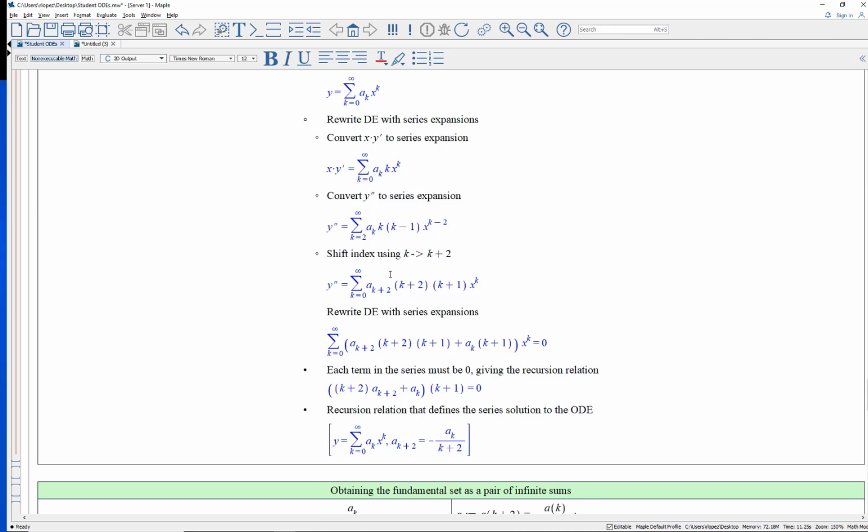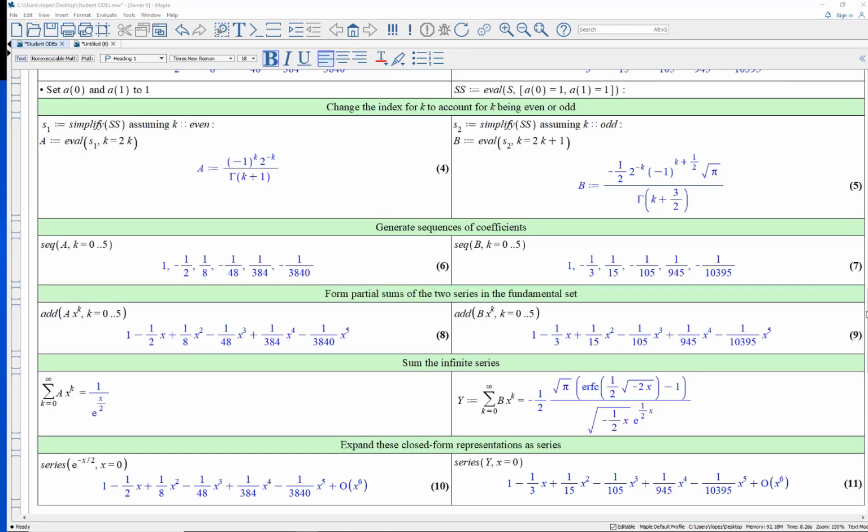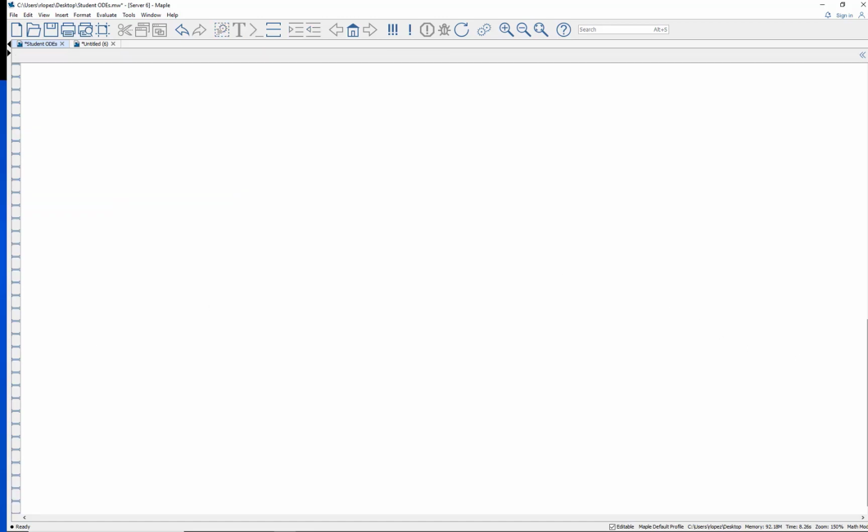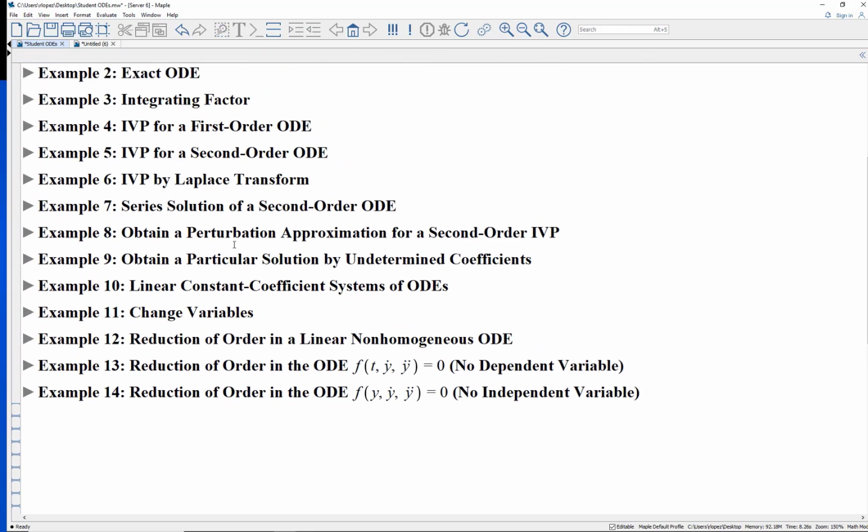It does not show you which Maple commands will do things like shift the index, but it does show you what has to be done. For an 8th problem, we're going to do a perturbation series solution.